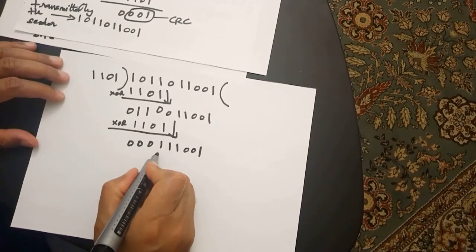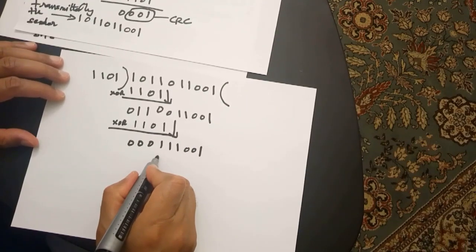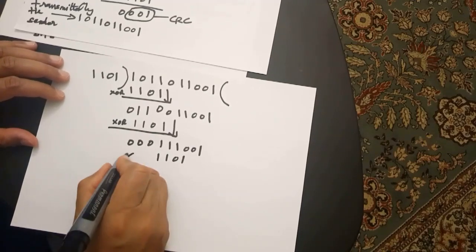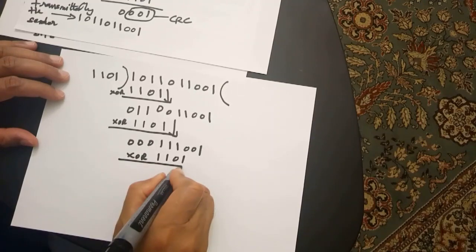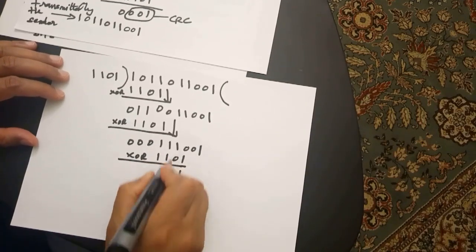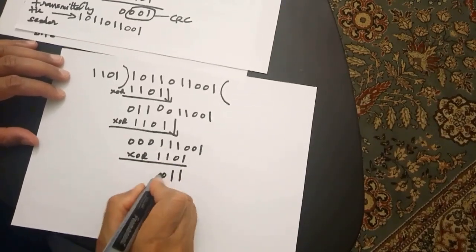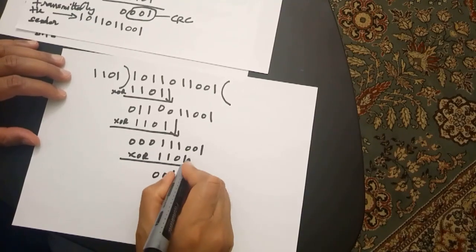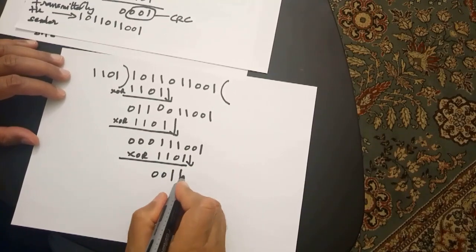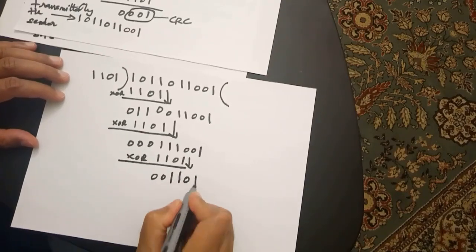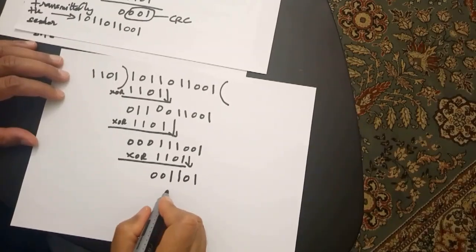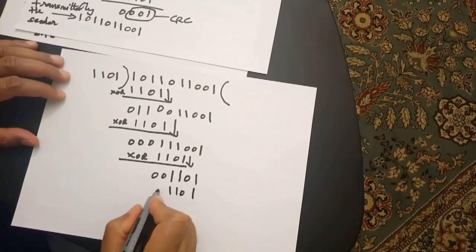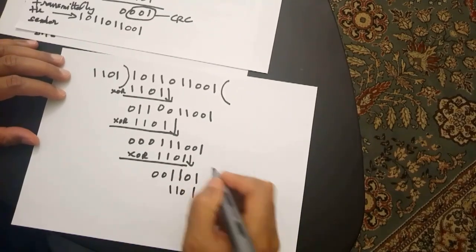So again start with the leading 1, 1 1 0 1, XOR. 0 1 is 1, 1 0 is 1, 1 1 is 0, 1 1 is 0, and carry down the remaining. Now again start with the leading 1, 1 1 0 1, and there is no further to carry down.